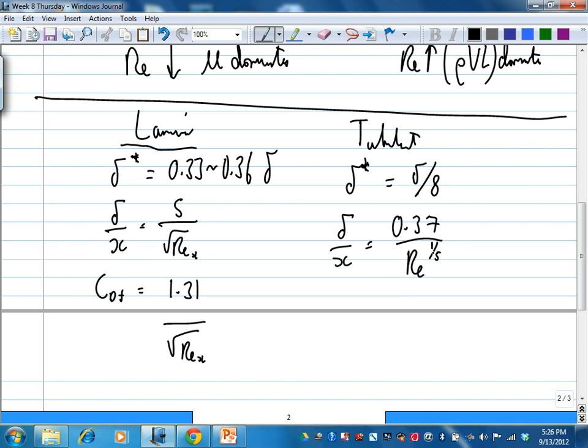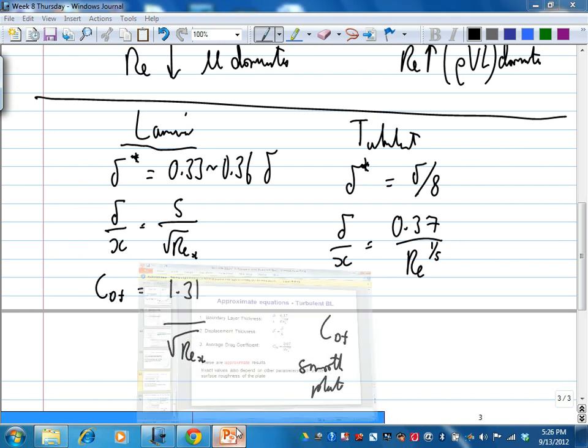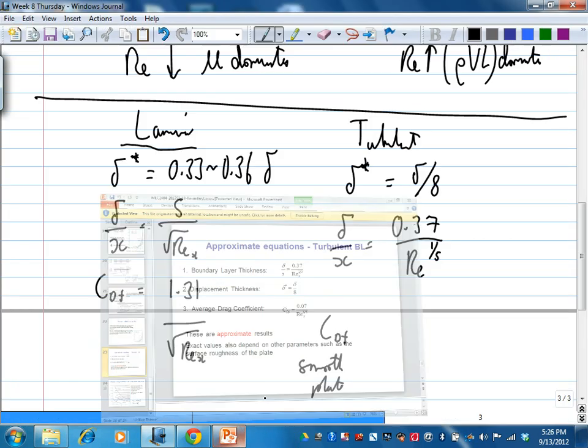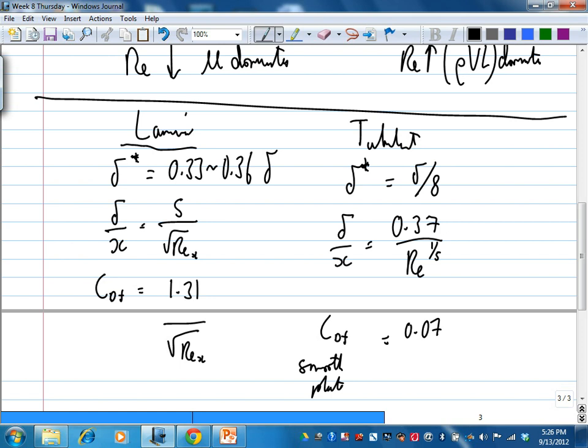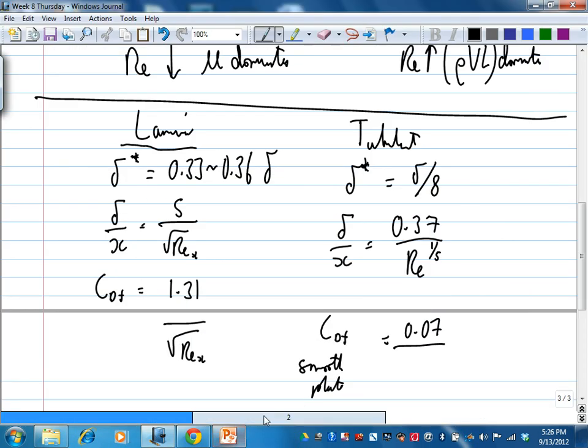It's a lot thinner. And C_DF, this is for a smooth plate, is 0.07 over Re to the 1 on 5 also.